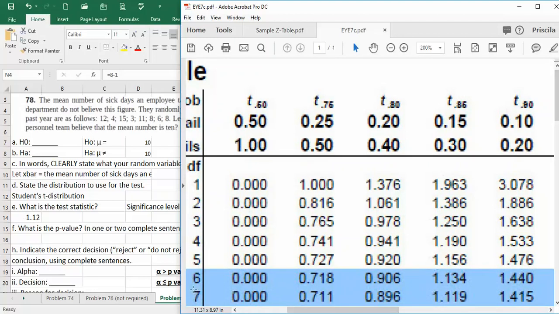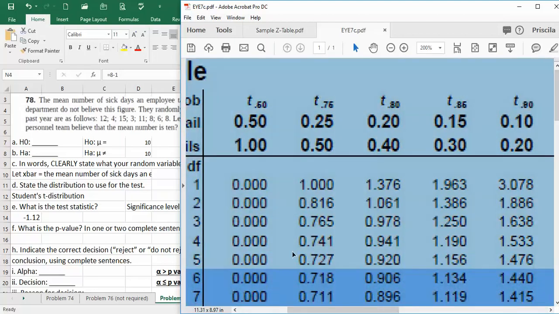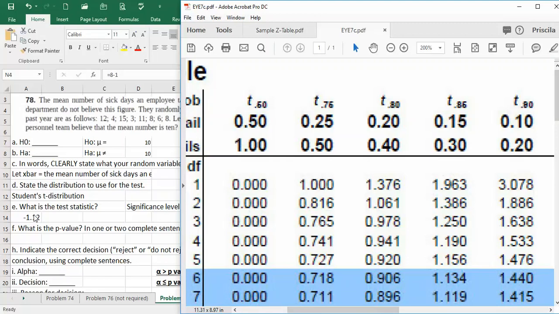So you have a degree of freedom of 7, and you're looking for a value of about 1.12, because you're looking for both sides. This is the closest you have to 1.12, 1.119. So that should be sufficient.